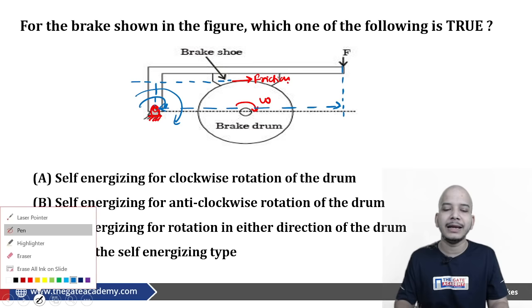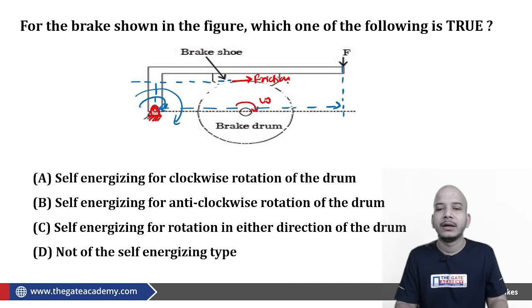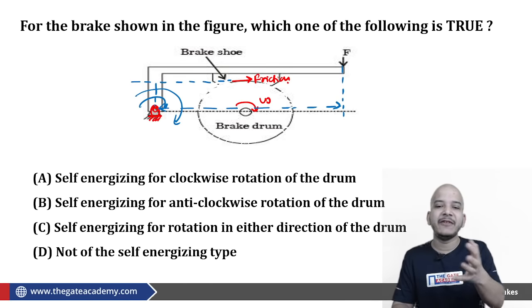So friction and F on the block lever arrangement. Once again, once you are confirmed what the direction of friction on the block is, then you don't have to worry about the FBD of the drum.